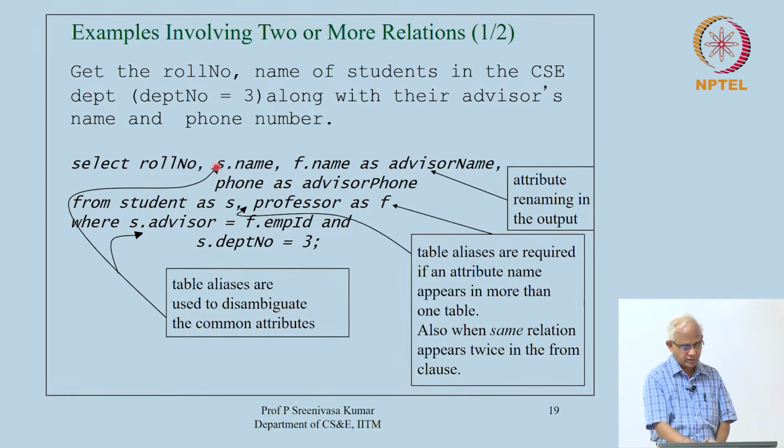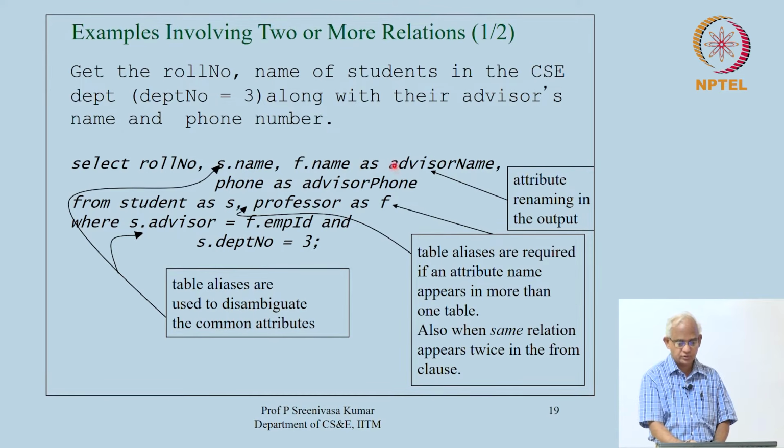and now we need roll number. Roll number does not need to be S dot roll number, you do not have to mention that, because only students have roll numbers. Then S dot name to pick up the name of the student, F dot name to pick up the faculty's name, and we are also doing renaming of attributes here in the select clause itself.